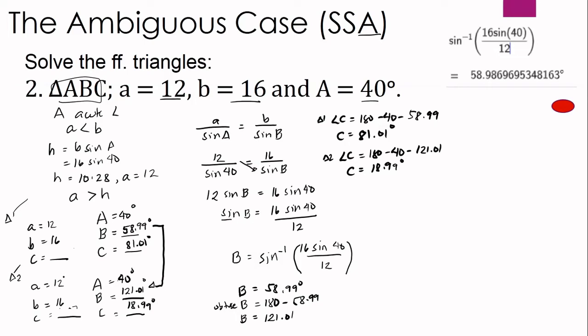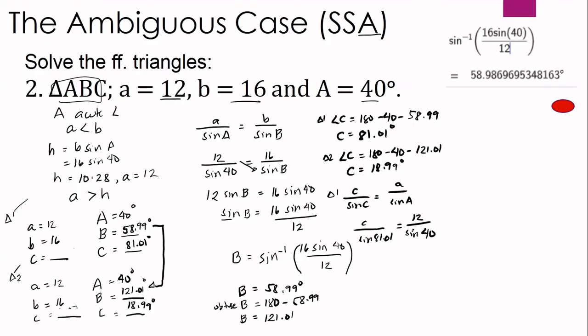So we are going to use law of sines for side C. Sa ating triangle number 1, kukunin natin ang side C. Ang equation natin is C over sin C is equal to A over sin A. Ang angle C sa ating triangle number 1 is 81.01, so C over sin 81.01 is equal to side A, which is 12, over sin of angle A, which is 40.